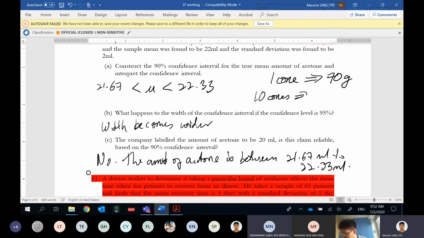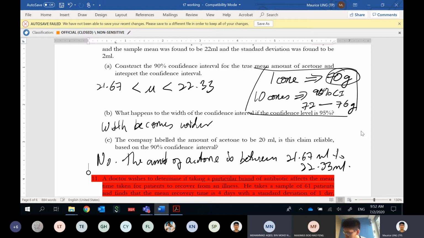And you find that your 90% confidence interval is actually 72 grams to maybe 76 grams. I think you'll be quite happy, right? You get 2 to 6 grams more. Will you violently object? No, right? But if this is medication, then you have a problem. Medication needs to be exact.